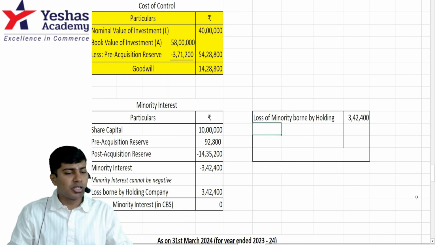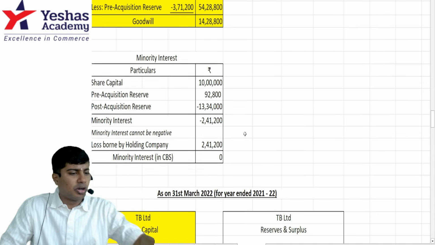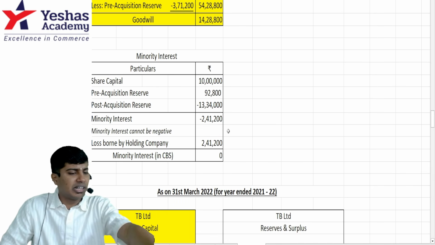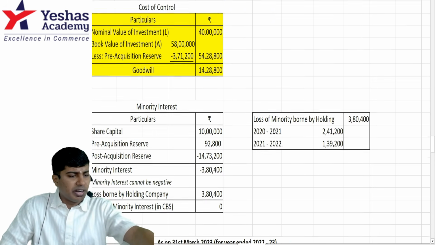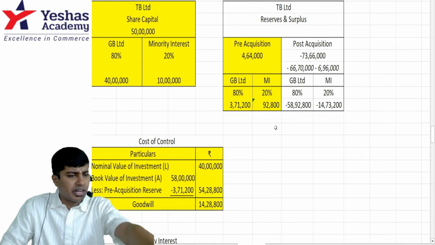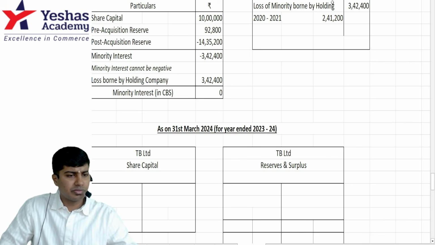Got it? How much was borne in the year 2021? 2021 they bore 241,200. 21-22 they bore how much? 1,39,200. I've written this last year also.